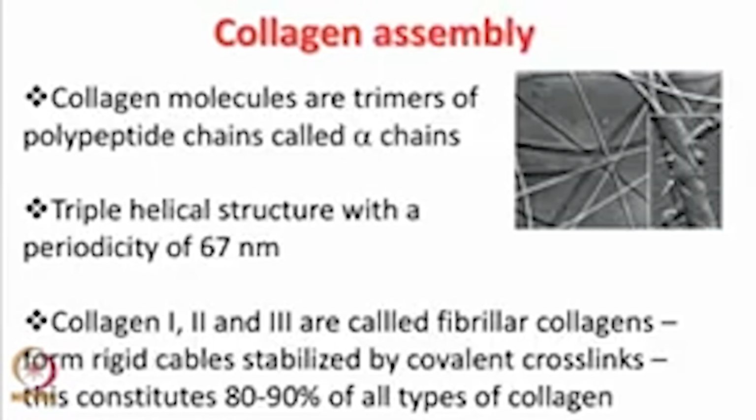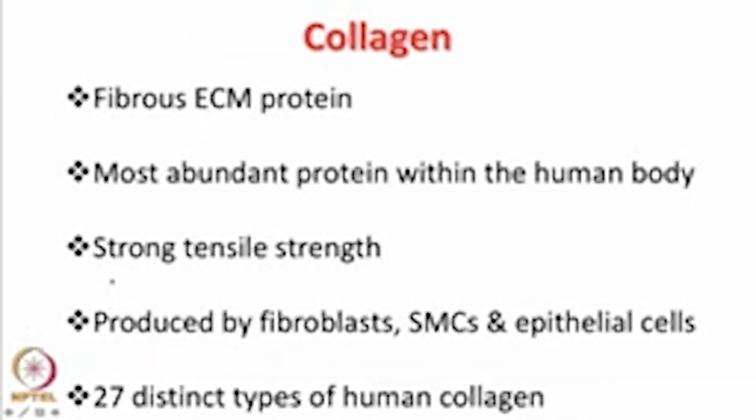If you look at collagen assembly, collagen consists of trimers of polypeptide chains. So, you have 3 chains, 3 ropes which are wrapped around each other. This gives you a triple helix structure with a periodicity. So, you have this banded structure, the spacing between these bands is 67 nanometers. There are 27 distinct types of human collagen.